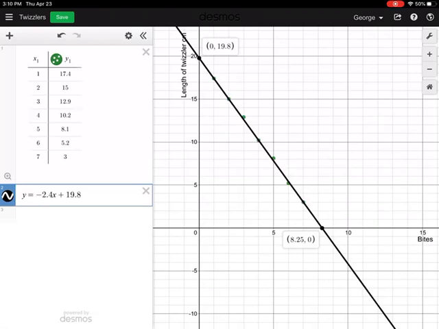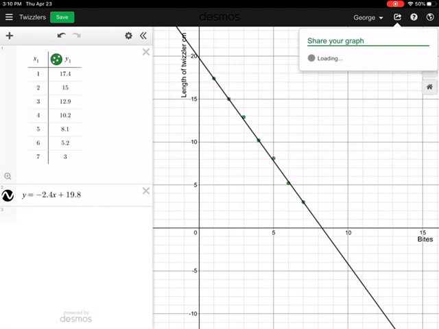The y-intercept, 19.8, right? And you can even see, in 4¼ bytes, it's about 9.6 centimeters, right? And so you can see all the various combinations.